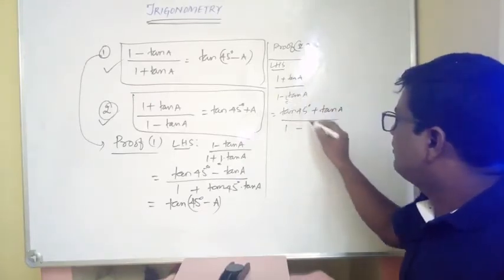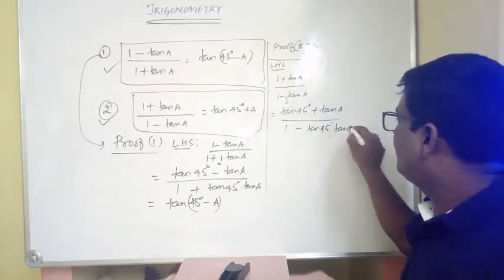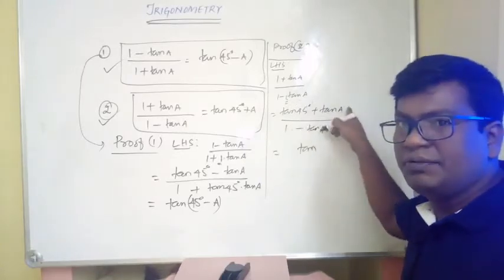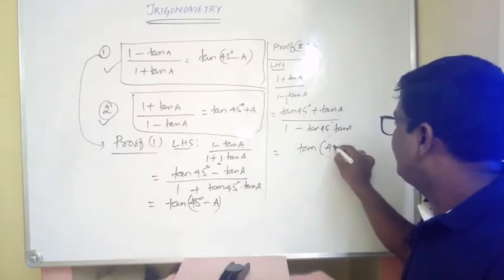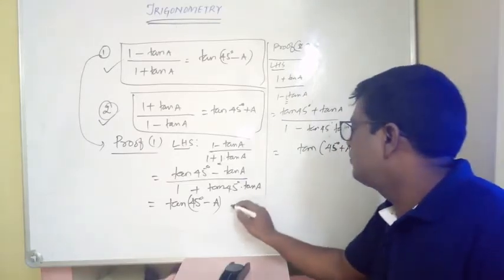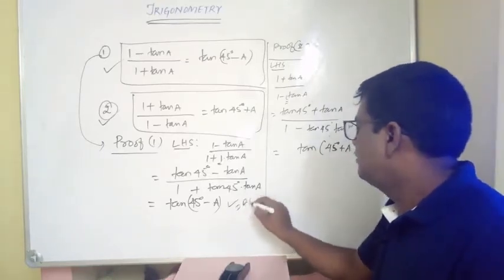So this one can be written as tan 45 degree into tan A. So this is equal to (tan A plus tan B) by (1 minus tan A into tan B). So tan(45 degree plus A), this is proved, and this is also proved, RHS. This is RHS and this is also RHS.